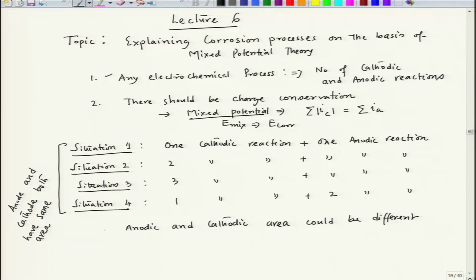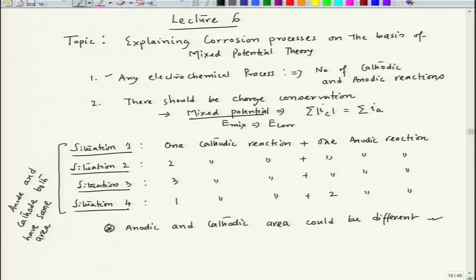That is one unique situation. And what do we mean by anodic and cathodic area? The area over which cathodic reactions are taking place and the area over which anodic reactions are taking place. So, this situation can arise, and an example of this particular phenomenon is also available.